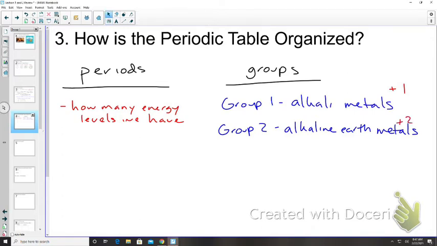Good, and then we're going to jump to our halogens, which are group 17. And the common ion charge on halogens, -1, okay, always -1.